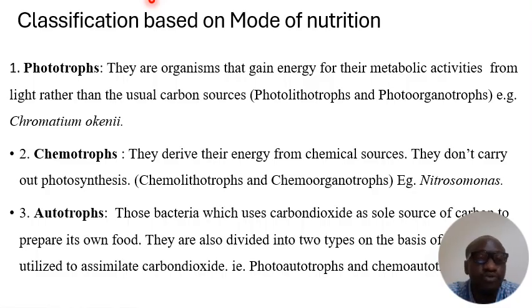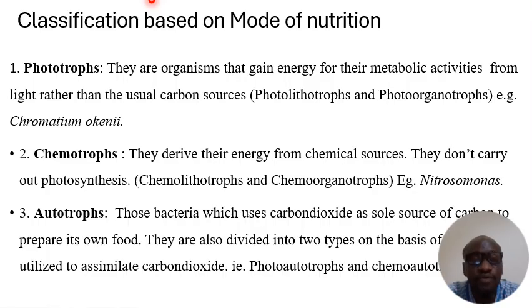You also have the chemotrophs, which use, rather than light, chemical compounds as their energy source, and their carbon sources also vary. Among these, we also have the chemolithotrophs and the chemoorganotrophs. The chemolithotrophs use inorganic chemicals such as ammonia, hydrogen sulfide for energy, while the chemoorganotrophs use organic chemicals for energy. Example, we have Nitrosomonas that oxidize ammonia for energy.